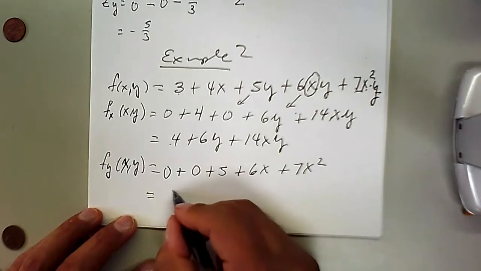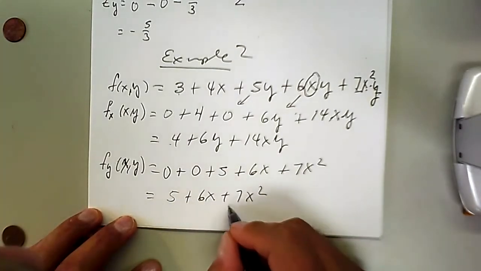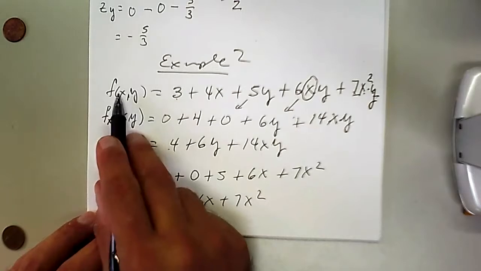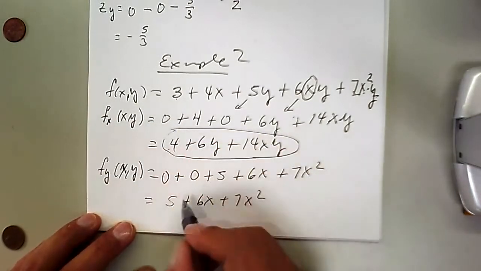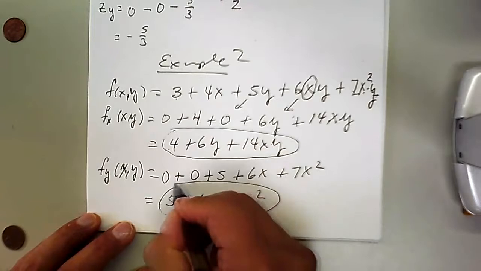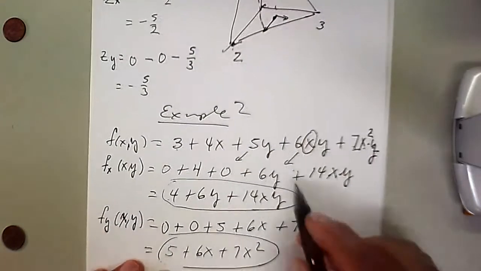Simplify that as 5 plus 6x plus 7x squared. So this is the derivative. Starting with this function, this is the derivative with respect to x, and this is the derivative with respect to y.